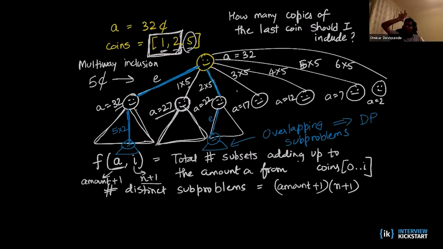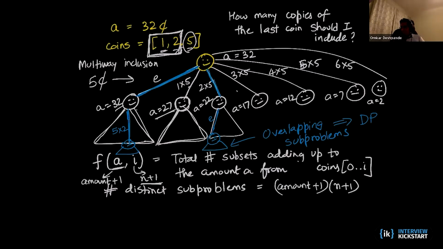So when we say 0 to n minus 1, we are assuming that the first coin is at index 0, but I'm saying maybe we exclude even that first coin from our base case. So that would be one additional case to consider. So that would be n plus 1 different values.